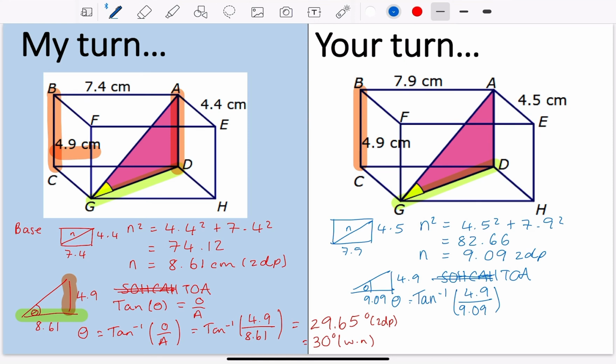Once you type this into your calculator, this is going to give you an answer of 28.32 degrees to 2 decimal places, or to the nearest whole number, 28 degrees. Use these examples to have a go at the next set of questions.